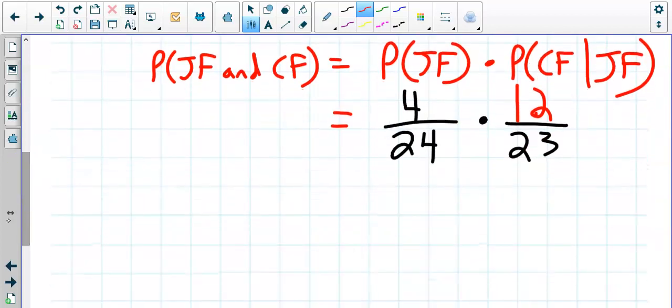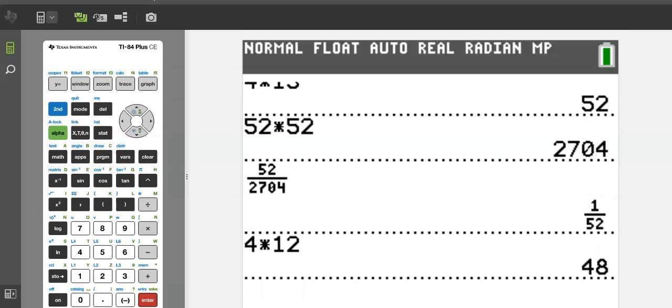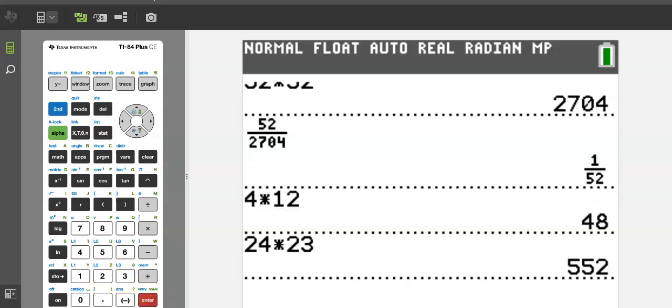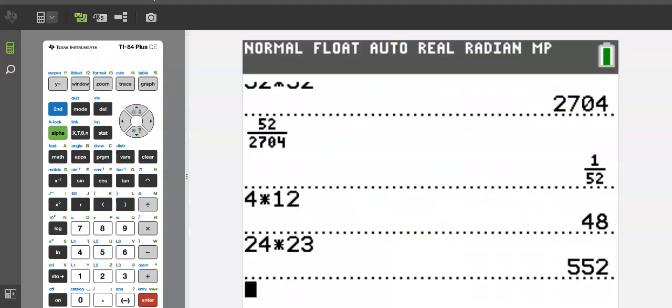So I'm just going to go to my calculator and show you what the numerator would look like. Because again, if we multiply across the numerator, 4 times 12 is 48. And then if we multiply across the denominator, 24 times 23 is 552. So there's our fraction. And again, we always want to make sure that it gets reduced. 48 over 552, and that definitely reduces.